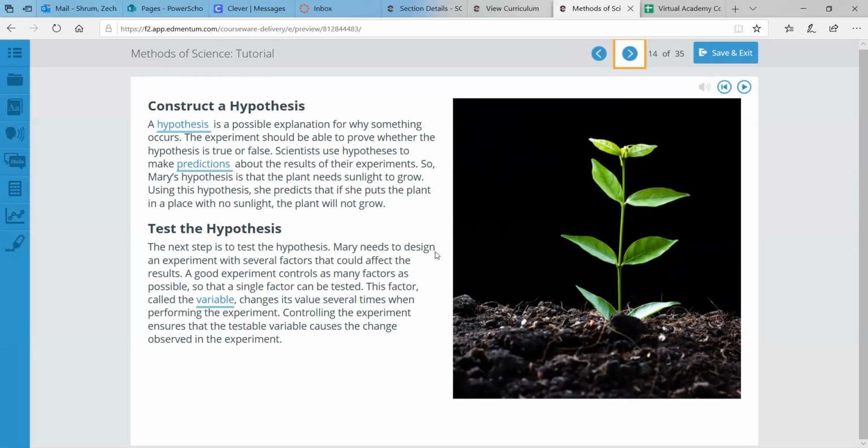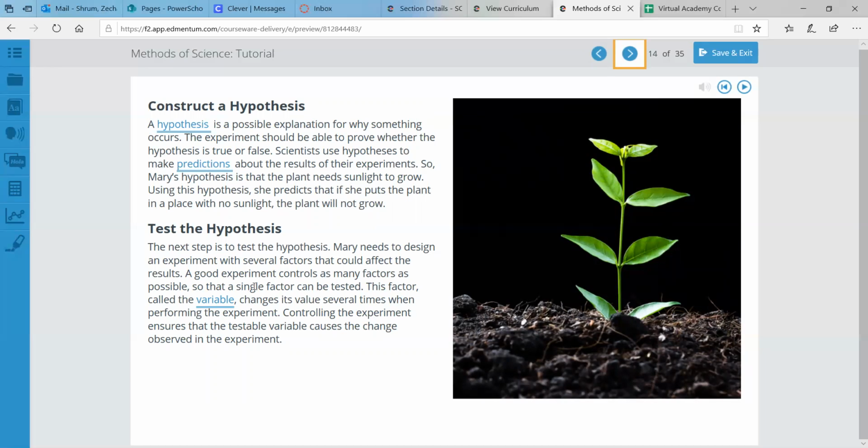An example of a good experiment is that you control everything but the thing that you are testing. These factors are called variables. So you can only change one thing at a time in an experiment. So for a plant in the sun versus a plant in the shade, everything else would have to be the same besides the sunlight.